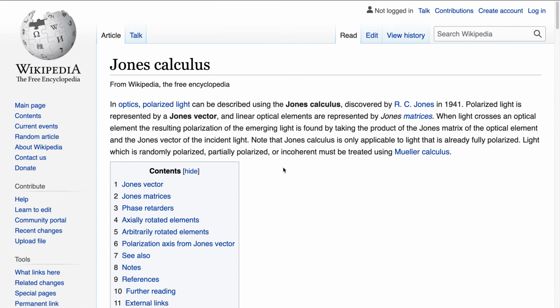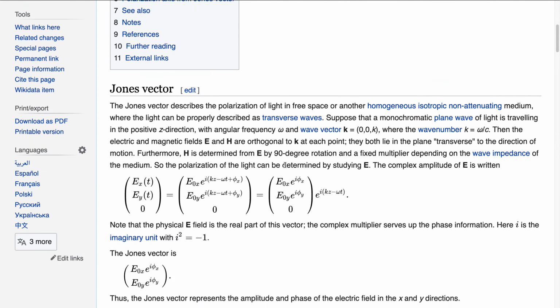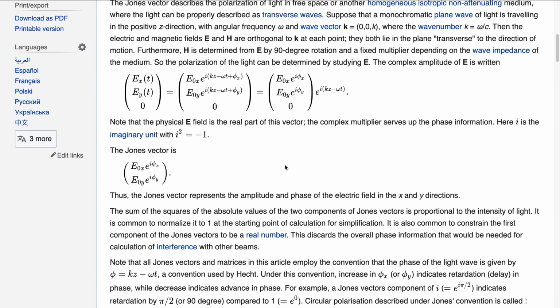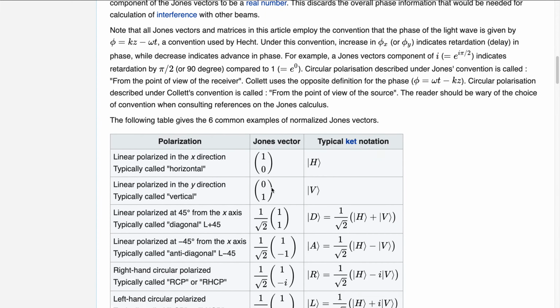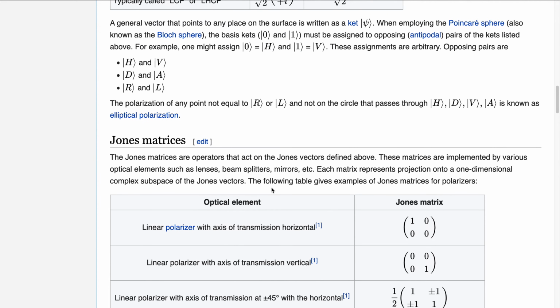I just thought it was interesting because even though it is a classical theory, it still has a very quantum flavor to it with these state vectors and matrix operators. We don't have to go into it now, but I thought people might be interested to know about that.